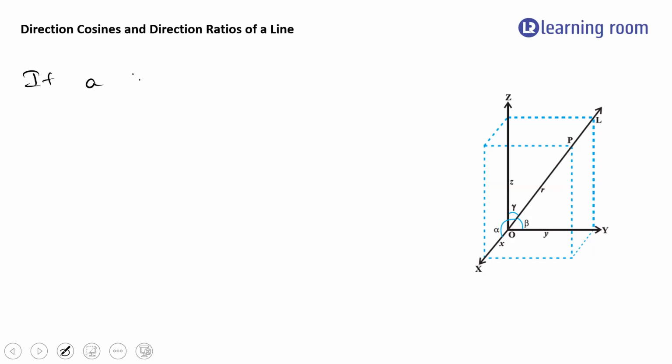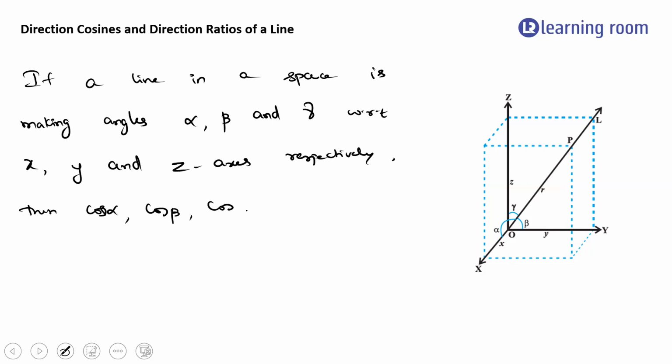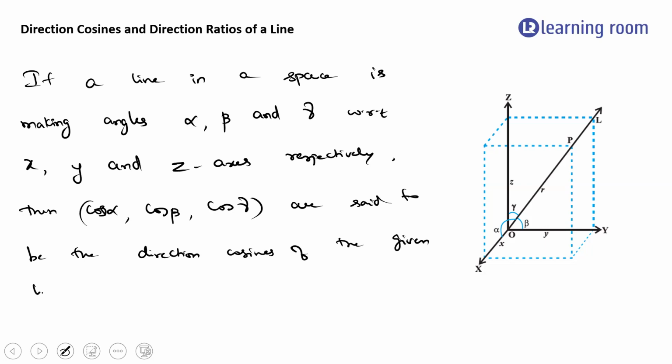If a line in a space is making angles alpha, beta, and gamma with respect to the x, y, and z axis respectively, then cos alpha, cos beta, cos gamma are said to be the direction cosines of the given line.